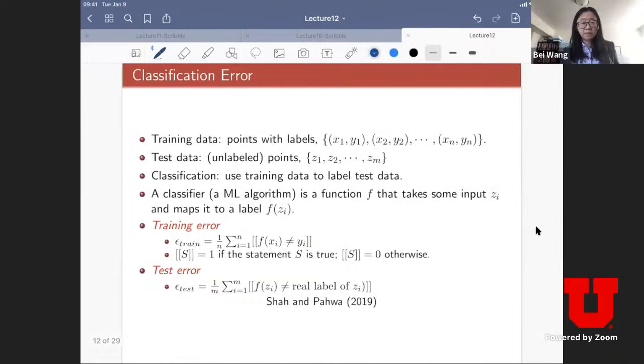And then in terms of error, if I'm talking about classification, then the training data usually is the one that comes with labels. So my X1, X2, Xn are my, say, point cloud, but my Y1, Y2, and Yn are the labels associated with it. So maybe, let's say, if I'm thinking about the most naive scenario, I have a bunch of images. The pixels of each image are converted to a high-dimensional vector, and the label says this is a cat, this is a dog, this is a deer, this is a horse, right?